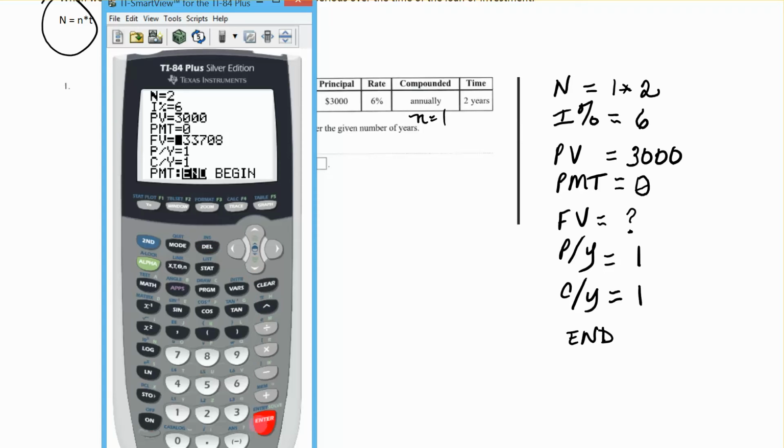When I get to future value, I can either skip it or clear it. Some people like it to be blank because that's where our answer is going to go. P per Y, that's little n, that's 1, and C per Y, that's 1, and it should stay on end.